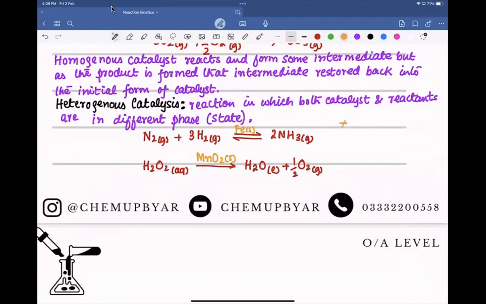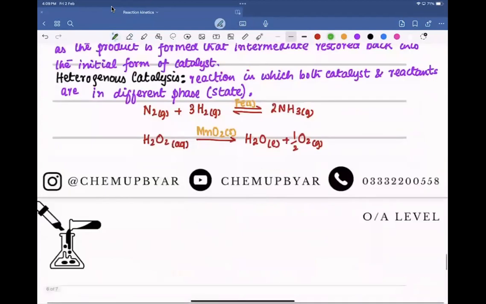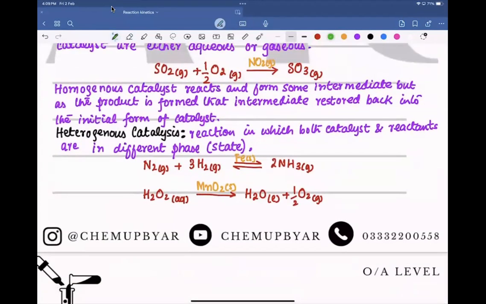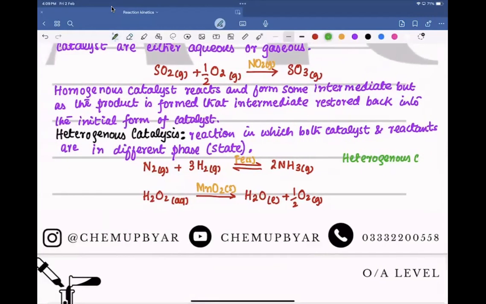Here, another important point. As we have seen, the catalysts take part in the reaction and form intermediates, right? So when we talk about heterogeneous catalysts, a heterogeneous catalyst does not take part in the reaction.